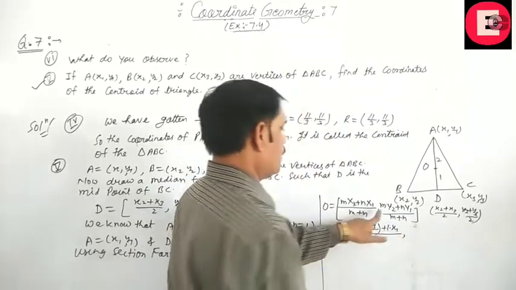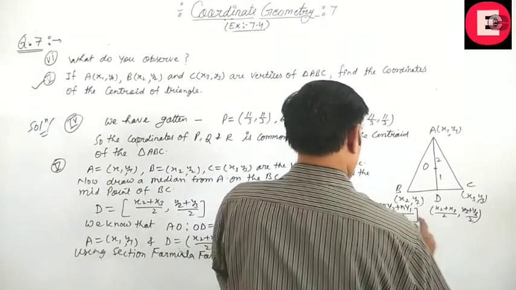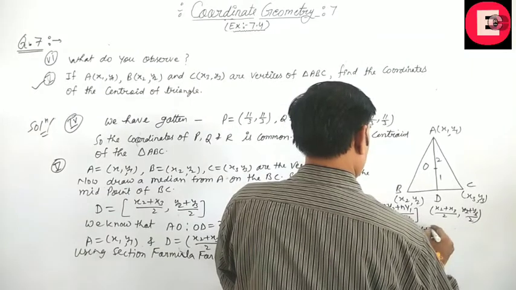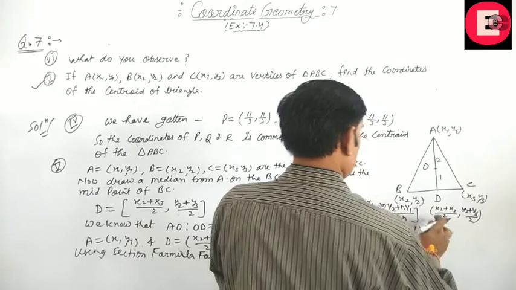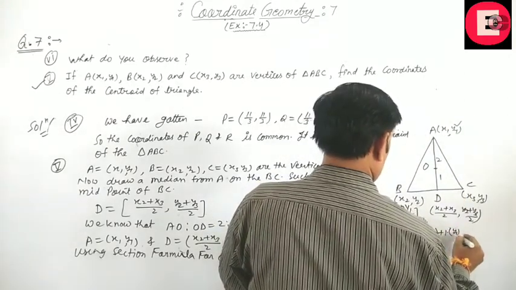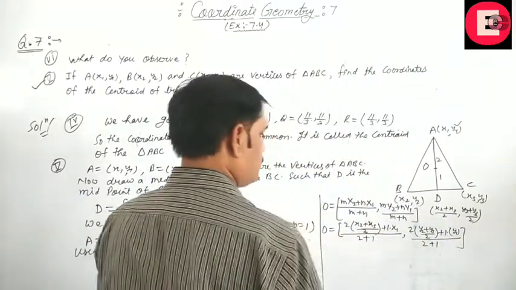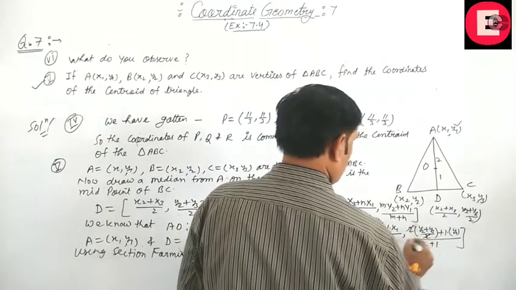And now for the y coordinate, y2 plus y3 upon 2 plus 1 into y1, upon 2 plus 1. Here 2 and 2 will be cancelled.